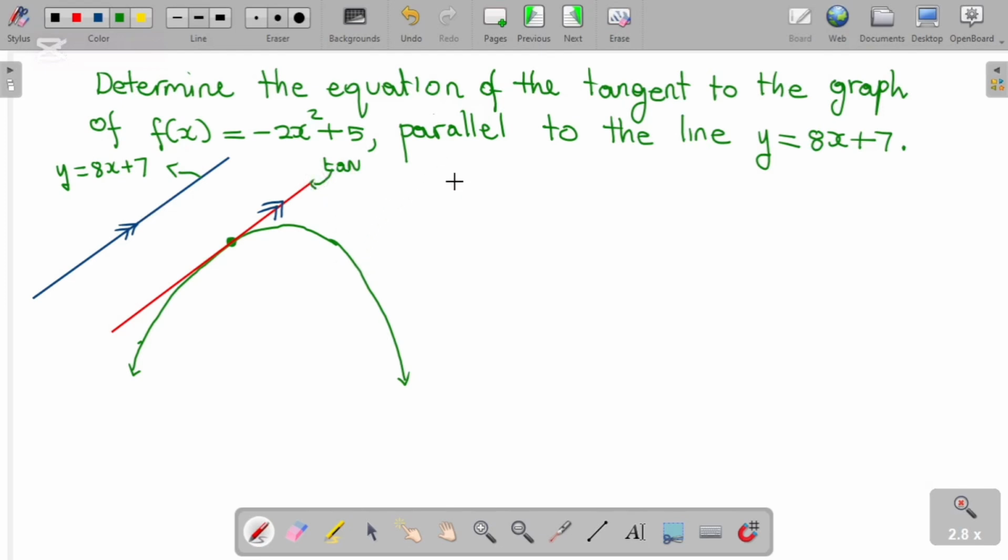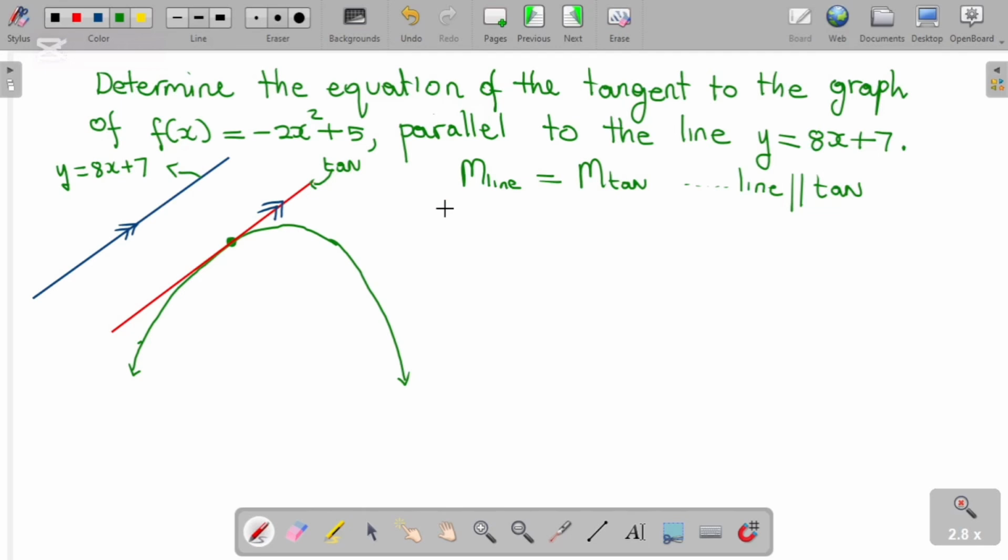In grade 10, you were told that the gradients of parallel lines are equal. Very good. So the gradient of this line is going to be the same as the gradient of the tangent, because this line is parallel to the tangent. So they will share the same gradient.